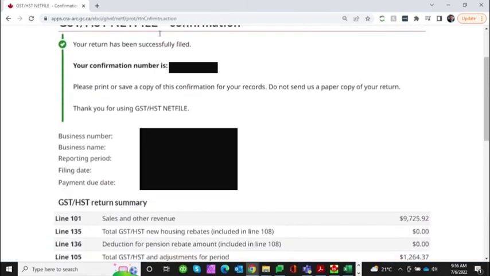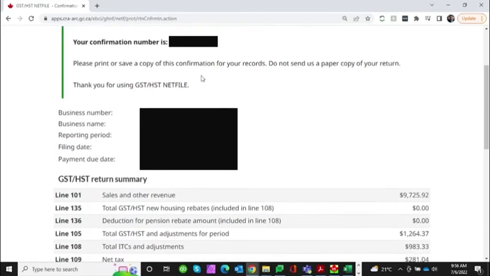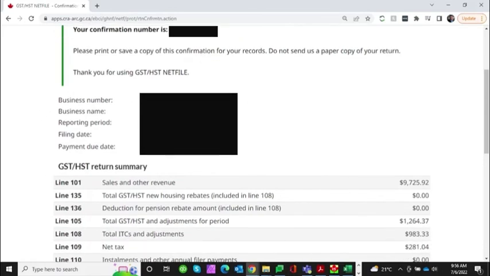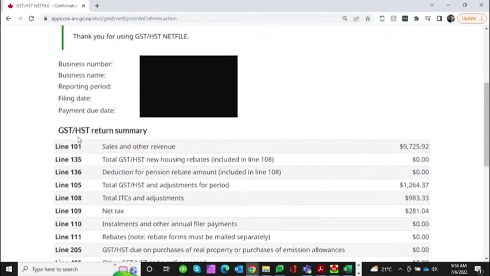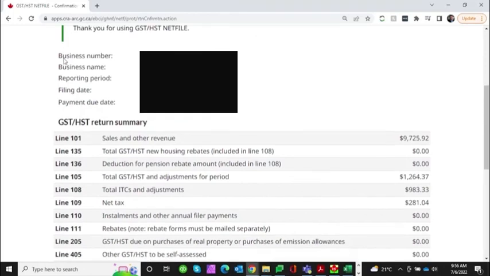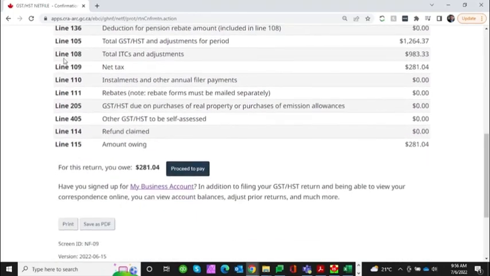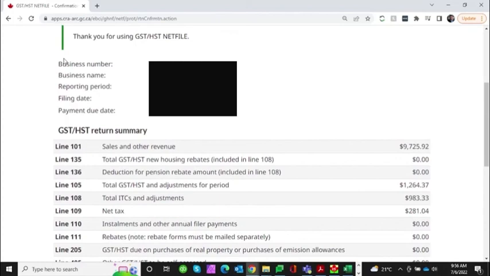The end screen says your return has been successfully filed. Your confirmation number is this. You just write this down somewhere, and then it shows the return that you just submitted. So the business number, name, reporting period, the filing date, and the payment due date.